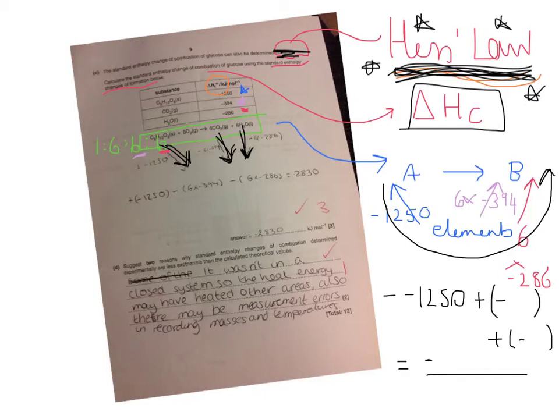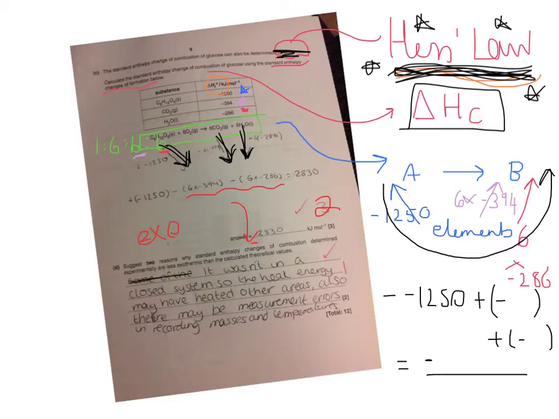3 marks available here. This candidate hasn't got 3, they have got 2. 1 for putting the right sign for exo, and they will have got a mark as well for having this correct.